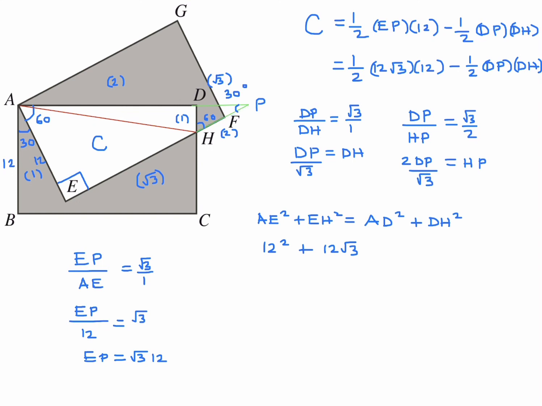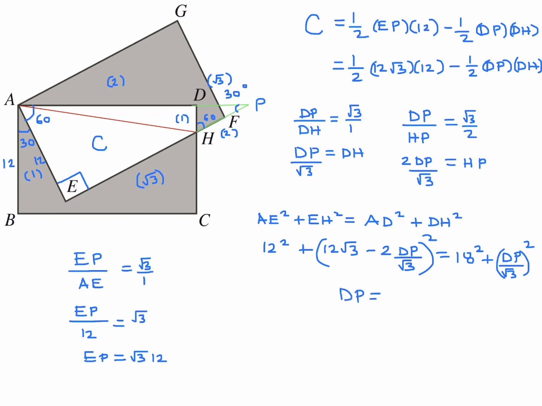And HP we just figured out right here, minus 2 DP over √3, all squared, and that is equal to AD, which we know is 18 squared, AD squared, plus DH squared, and I can use this. So that gives me DP over √3, all squared. And this will help us solve for DP.